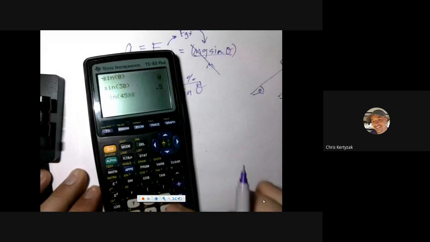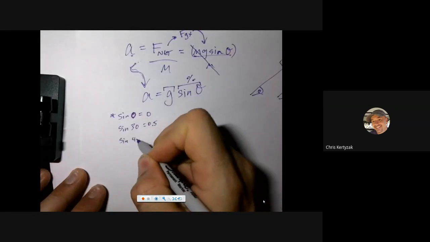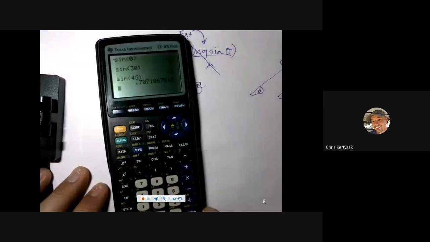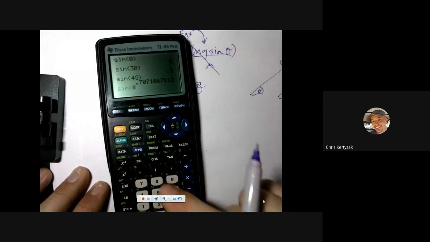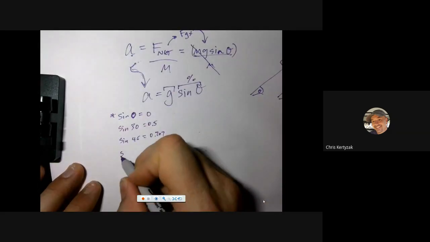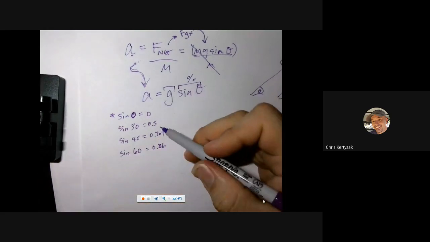How about your typical angle, sine of 45? 1 over root 2, 0.707. How about sine of 60? 0.86. What is this number approaching?